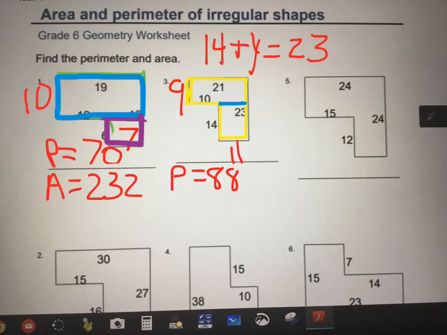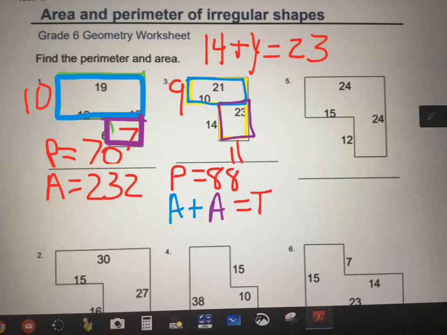We'll have one that goes right here, a blue one, and then a purple one going right here. So we need to find the area of those two: the area of the blue one plus the area of the purple one. And that's going to give us our total area.